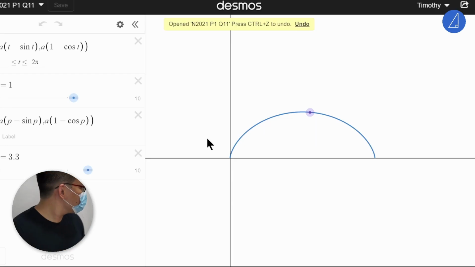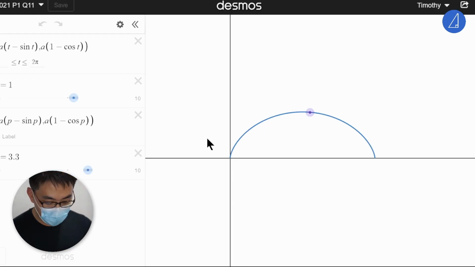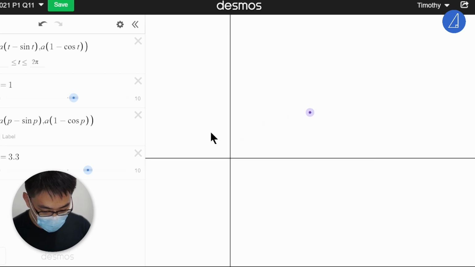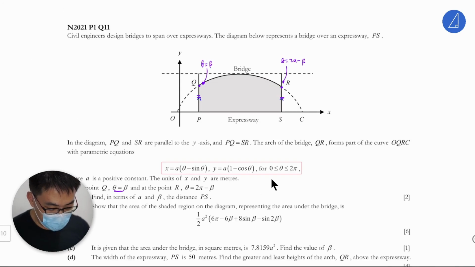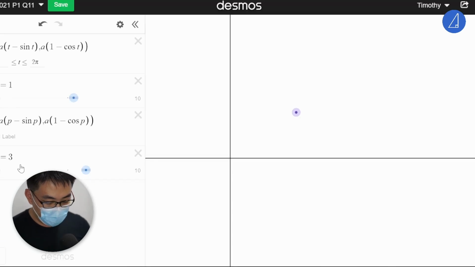A parametric equation means that you have this parameter. Let's say this is the equation that I have. What we do is, we substitute 3 into this equation. When theta is 3, we will get this point here. Then we substitute 3.1, and you get another point.